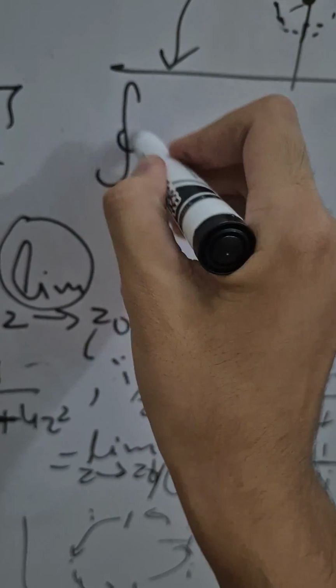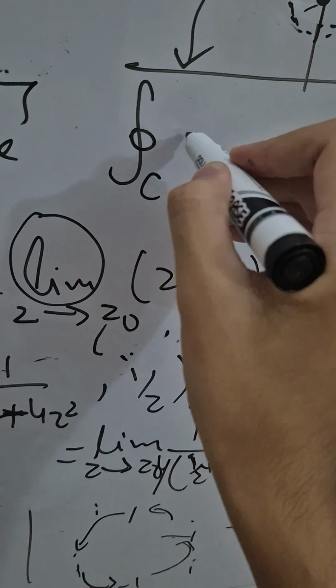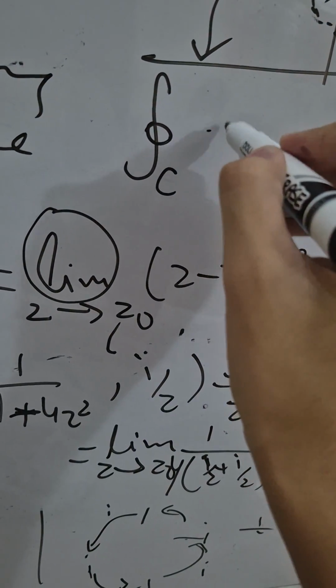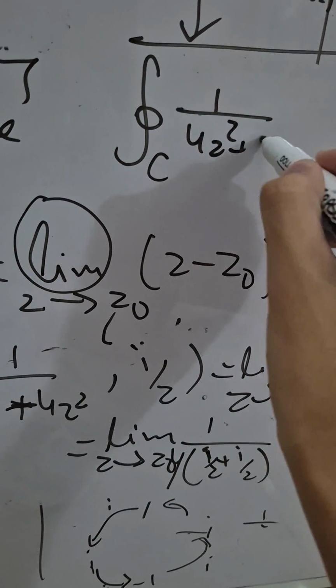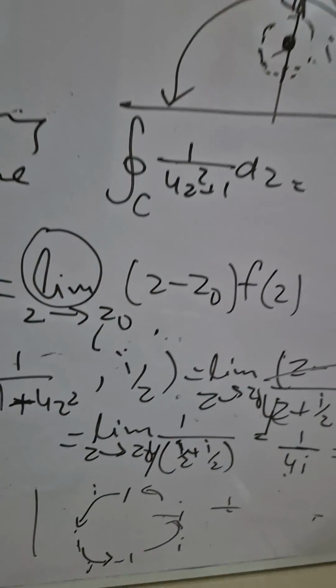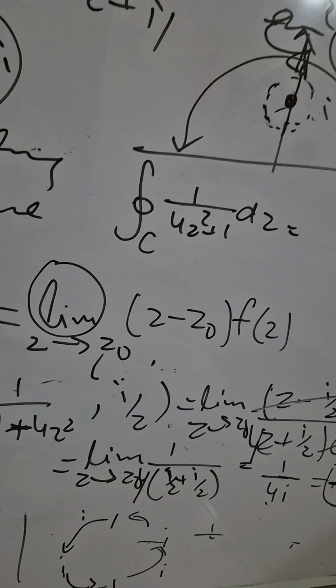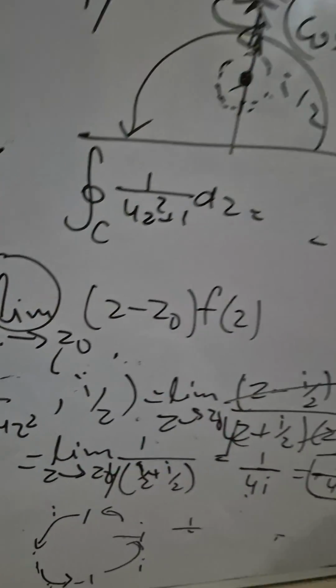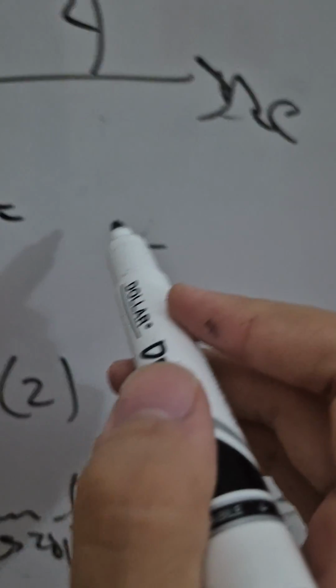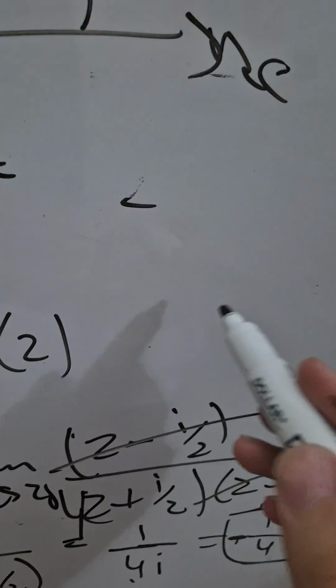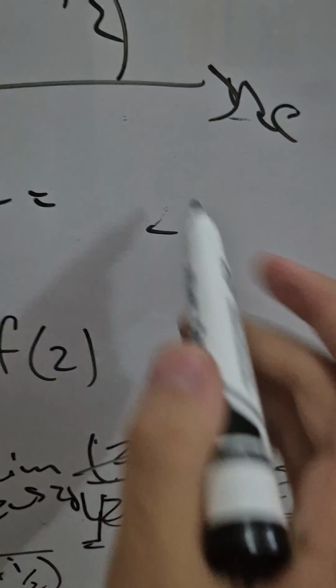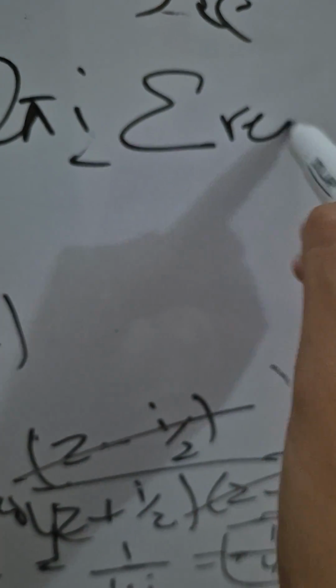But when computing the integral across this part, we're basically considering this arc length as well. So we're taking it to be minus i by 4. Using the residue theorem, 2 pi i times the sum of residues.